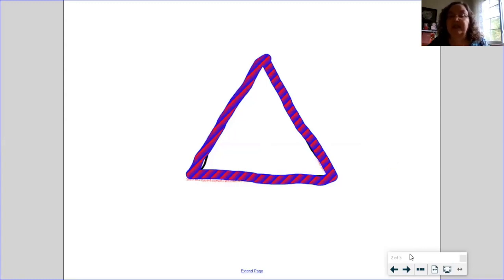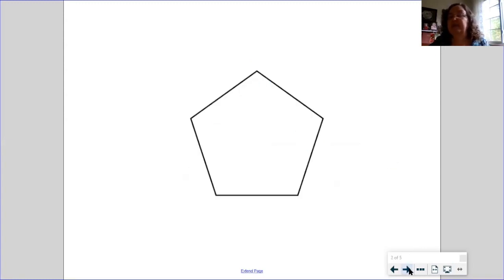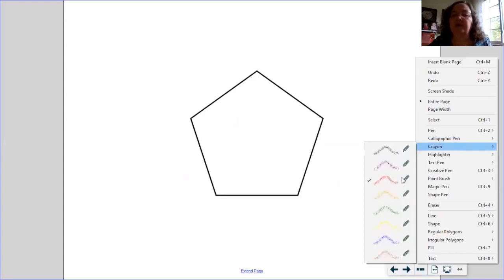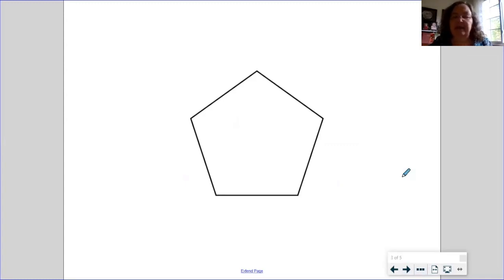Let's look at the next shape. The next shape is a pentagon, and Bodhi was the one who liked the pentagon. So let's try again. I'm going to take my crayon, and I'm going to color the outside perimeter red.